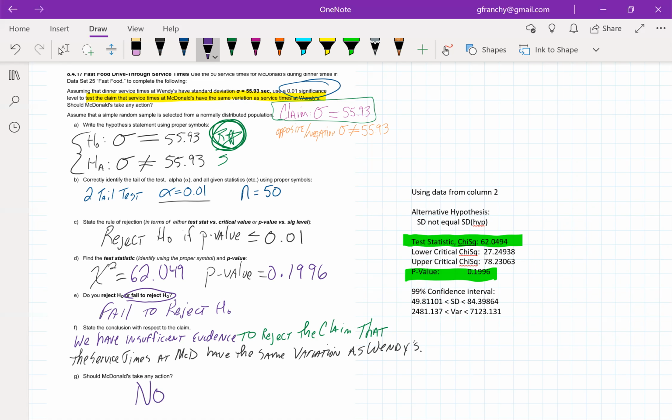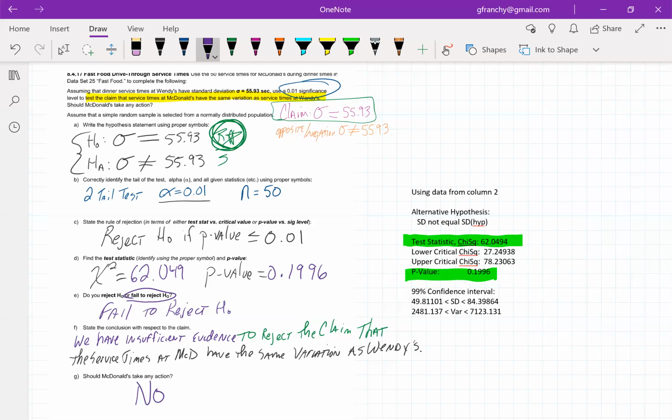But in this particular case, if we had rejected the null hypothesis, we'd have to go back and look to see what side of 55.93 did our sample results fall on. If they were on the high side, that would mean that it was less consistent.